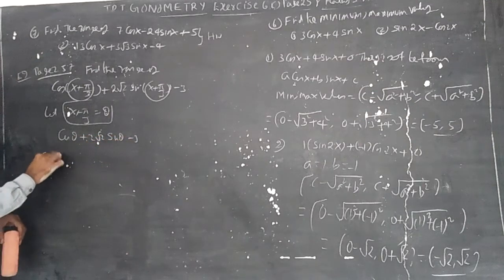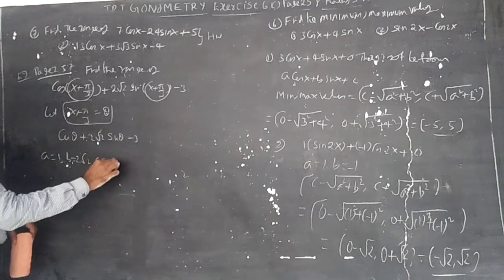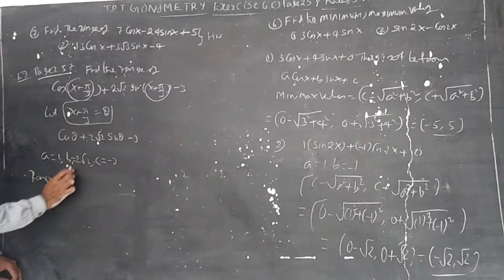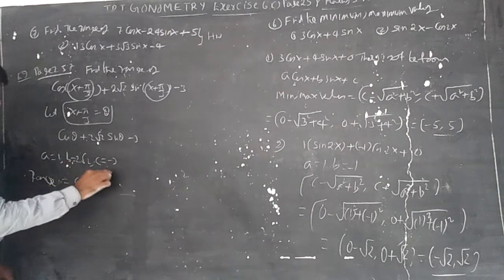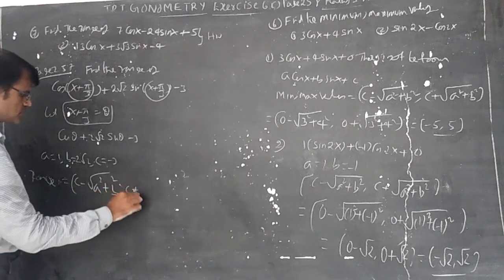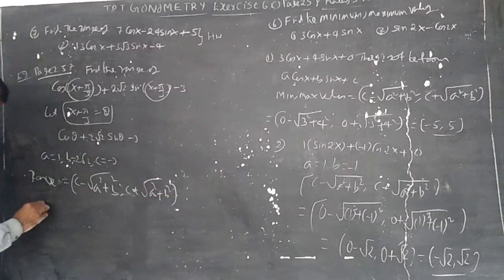That's all. Here A is equal to 1, B is equal to 2 root 2, C is equal to minus 3. Range means minimum comma maximum values. So the formula: C minus root of A square plus B square comma C plus root of A square plus B square.